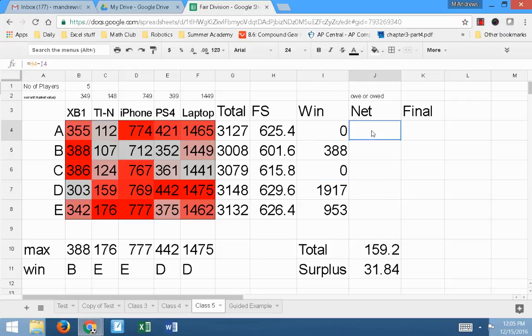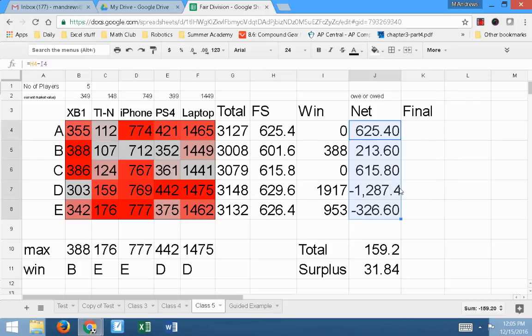We calculate the net. We subtract the winnings from the fair share. So obviously here, players D and E should be in the negatives. They should owe money because they won more value than what they believe they should originally have gotten.